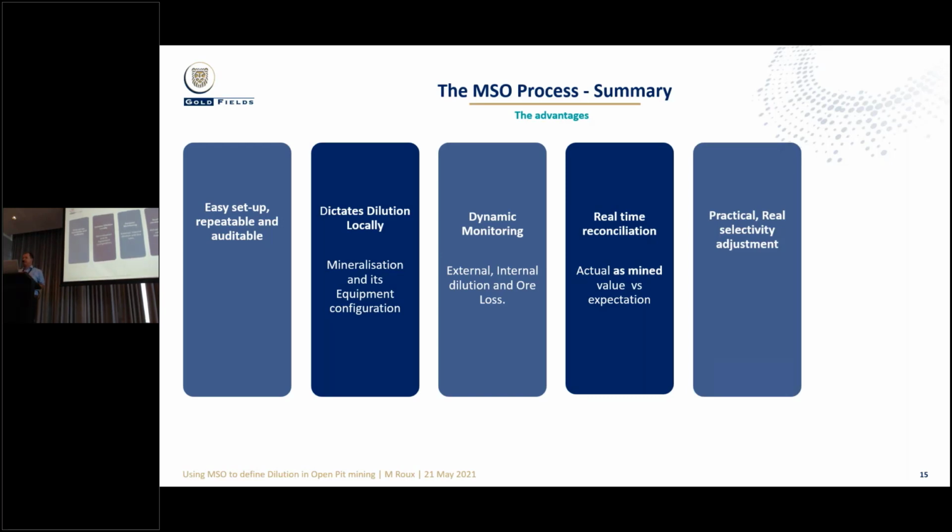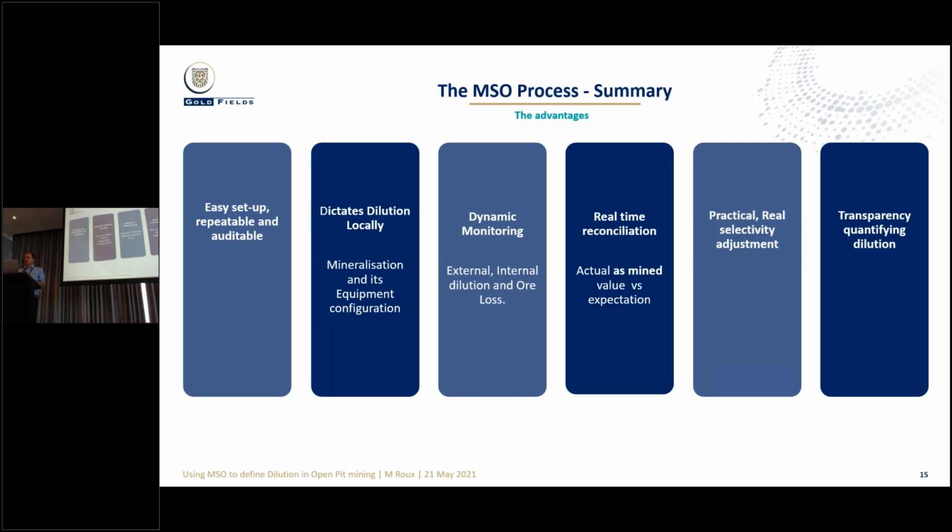That's ultimately what we are producing, as I've said before. And it actually adds a lot of transparency, I believe, in quantifying our dilution more effectively in open pit mining. And overall, it's going to have a positive impact on your mineral economics and your local mining predictability.